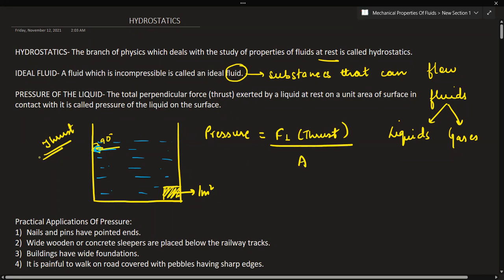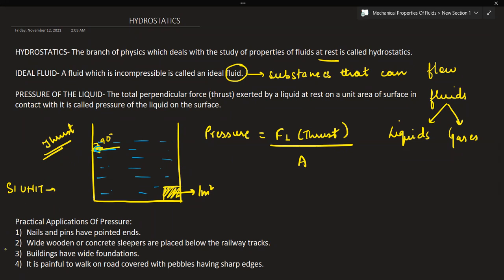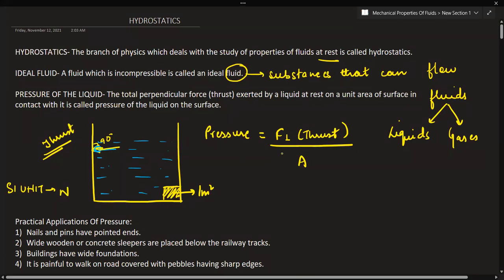So what according to you should be the SI unit of thrust? Thrust is basically force, so its SI unit is Newton. And the SI unit of pressure is Newton per meter square.